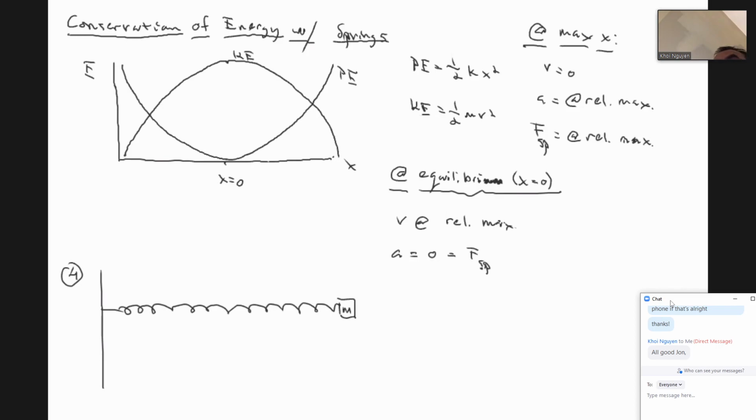And it has some displacement of A. Some over here, this is where equilibrium was before we stretched it out.